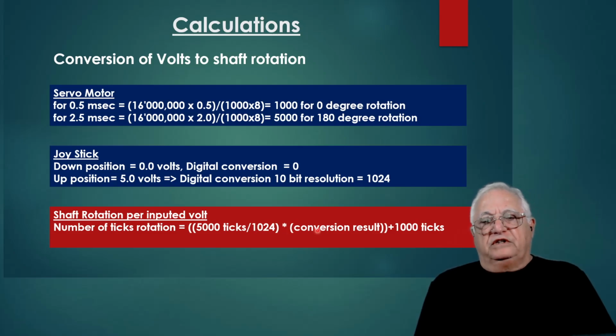Next, we multiply it by the number of volts that we are reading. Now, the servo motor 0 position is at 1000 ticks. So this number plus 1000 is going to give us the actual position that the servo has to go to for the voltage we just read.